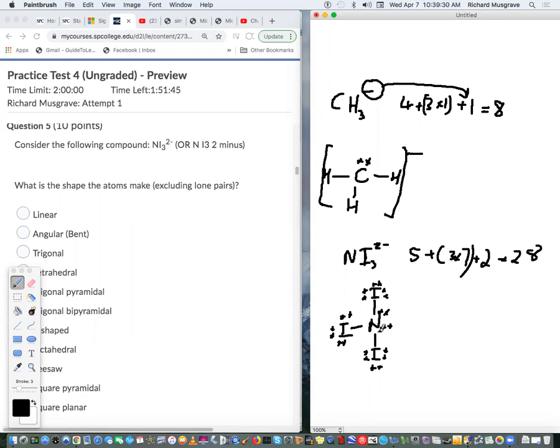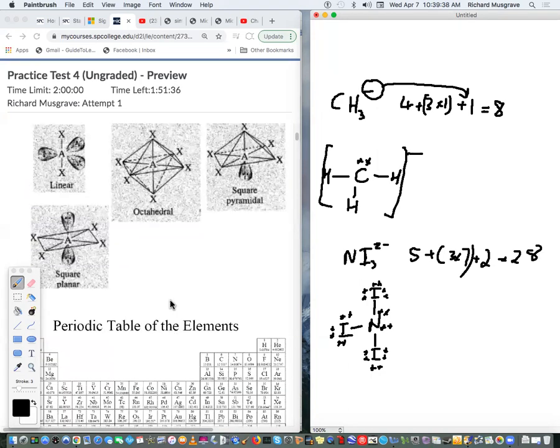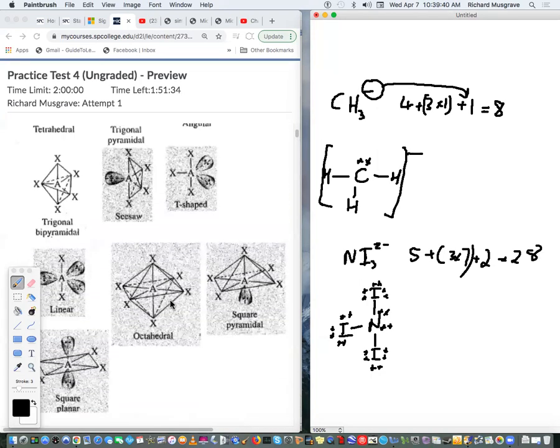So the shape of this overall would be trigonal bipyramidal, but the shape of the atoms, we have to go find the one in the diagram that looks like this, that has the 3 atoms and the 2 lone pairs on it. Let's put parentheses here too. And you'll see that that would be this one, which is called T-shaped. Right, so that's T-shaped.